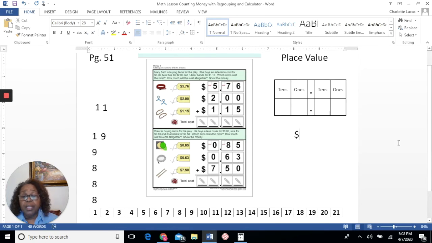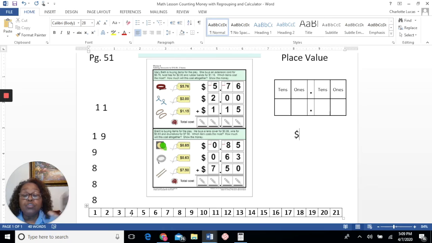When you use the number line, you take the first number. Let's say, for instance, if we were adding 4 plus 9. All right. So if I am adding 4 plus 9, I would start with the 4 and I would move to the right to add 9 more. 4 plus 9.